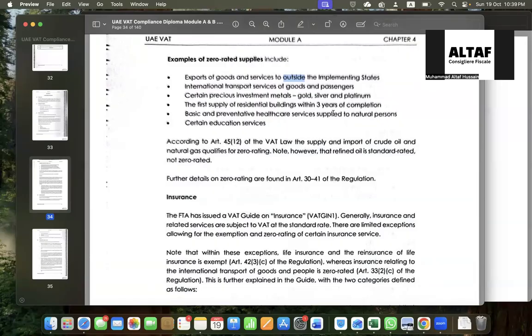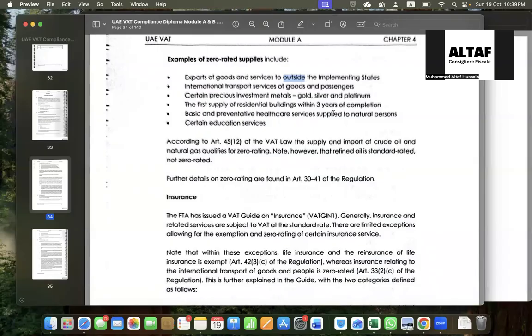Out of the 6 countries of the GCC, other than the UAE, 3 more countries have implemented the VAT law, which are Saudi Arabia, Oman, and Bahrain. So 4 countries out of the total 6 have already implemented the VAT law. Qatar and Kuwait have still not implemented it.